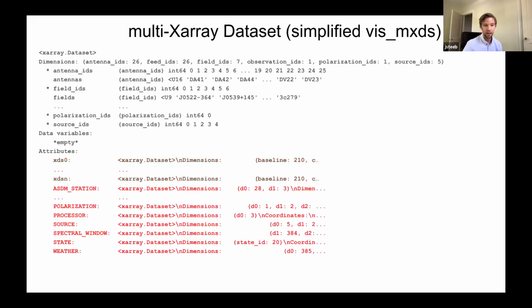Then we also include all the subtables in the MS. So this is all the meta information that's needed for some imaging processes. For example, the field and the source tables are all here. So the XDSs have consistent dimensions, and all the metadata that is related to each one of those XDSs is also stored there.